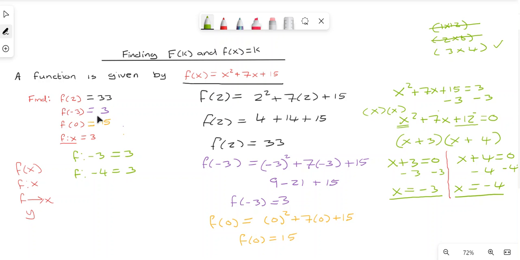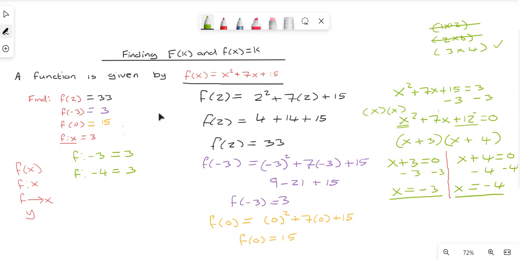We've worked that out here. So f(-3) is equal to 3, and that's what we've solved here. When we put minus 3 into the function and work it out, it's actually equal to 3. So that's what it means: when the function is equal to 3, we can solve it and work out what the value of x is.